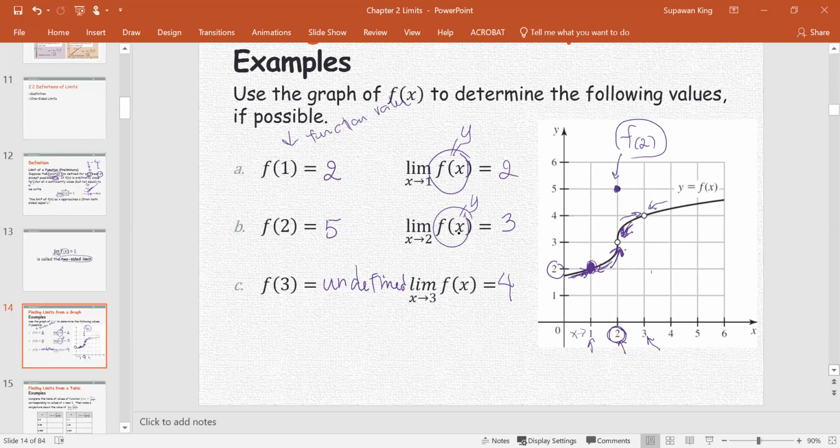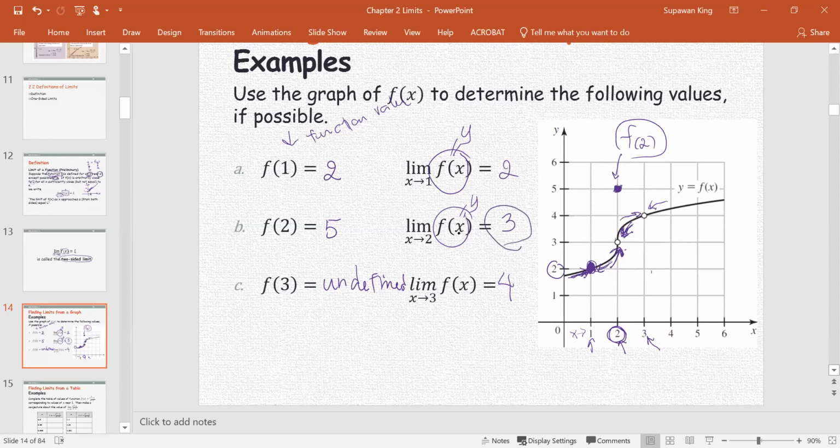But in the second case, part B, the function value is 5, the function itself. That means you can plug the number in, or you can look at the graph. So the value is defined, f equals 5. But for the limit you have to look from both sides of the graph. What value are both sides of the graph coming toward? Coming toward the value 3.